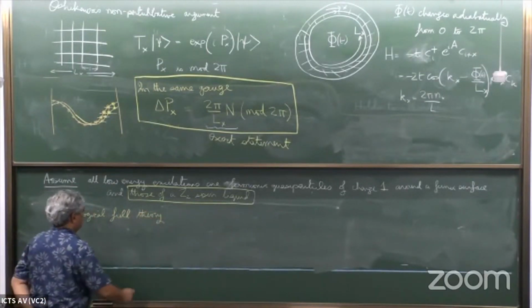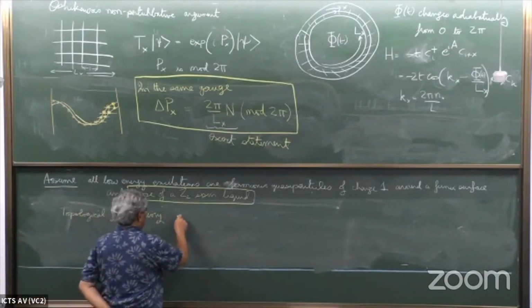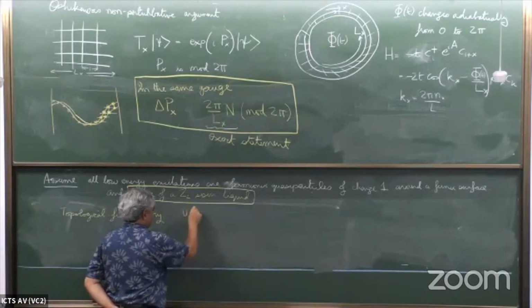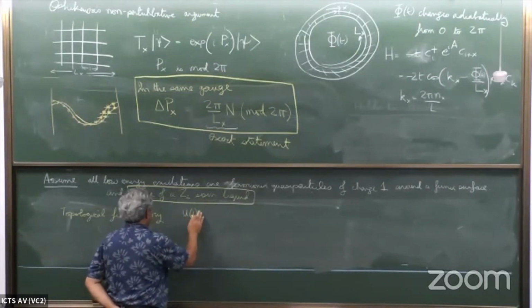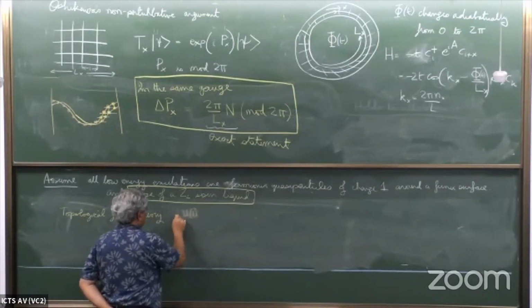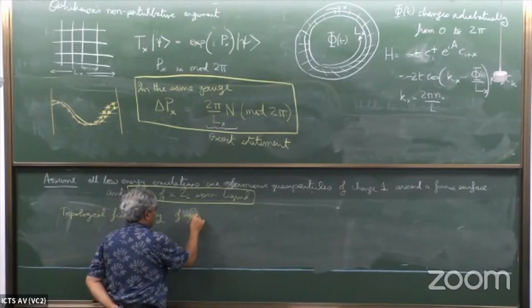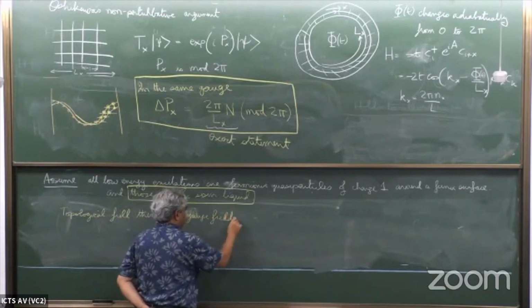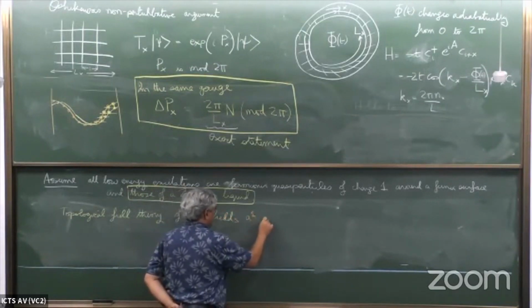It has two U1 gauge fields, a topological field theory of gauge fields. I call them A1 and A2.